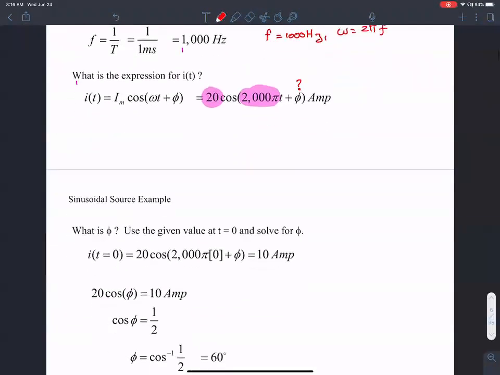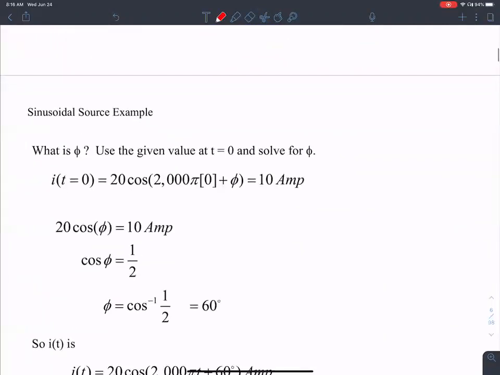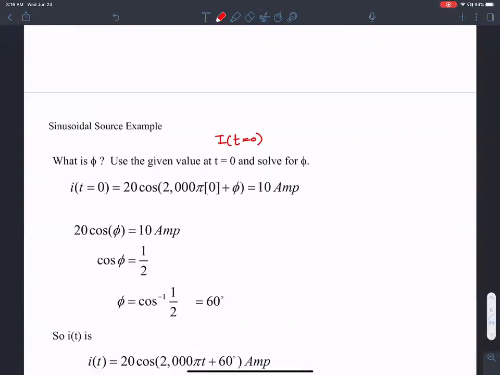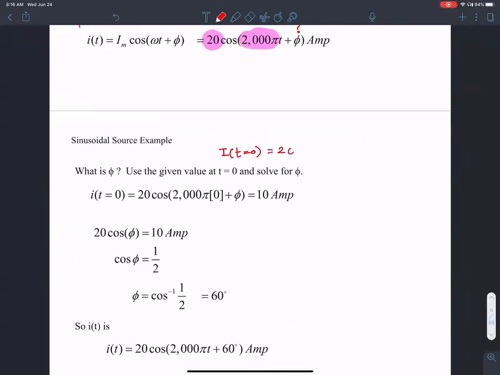To find phi, we use the given information that the value of i at t equals 0 is given to be 10.